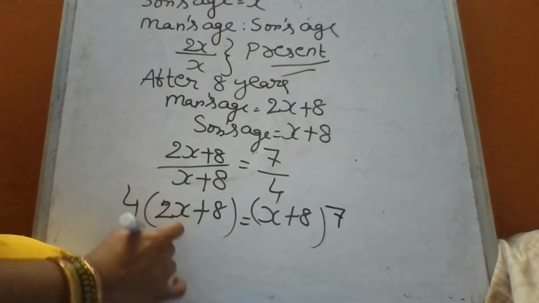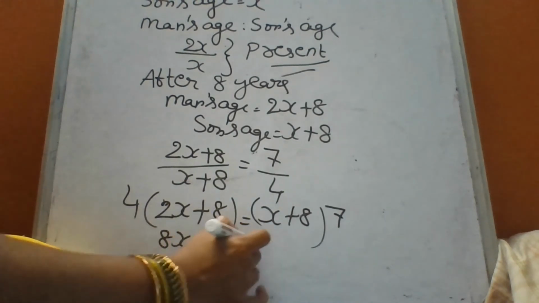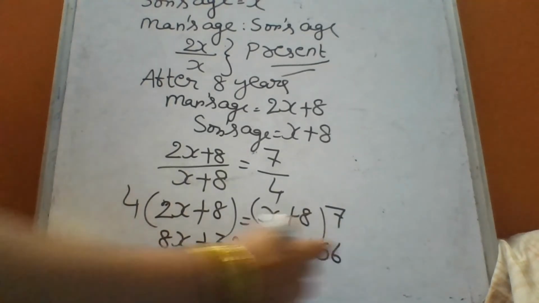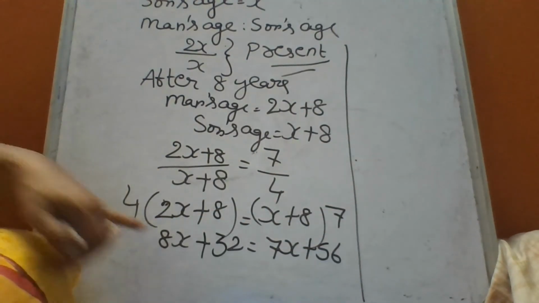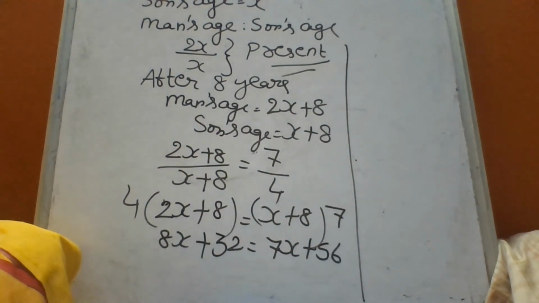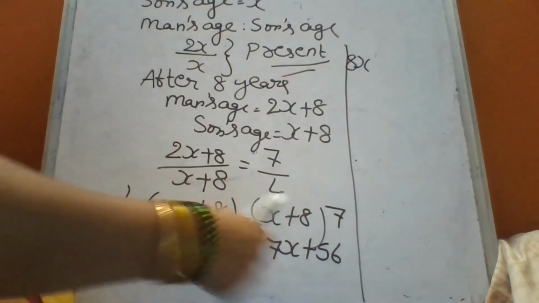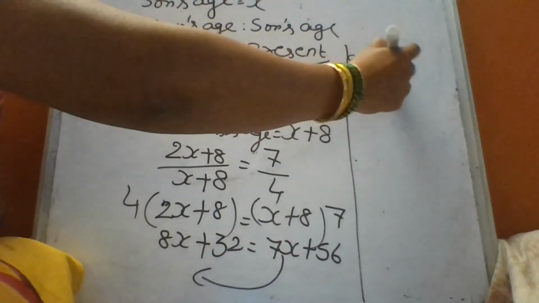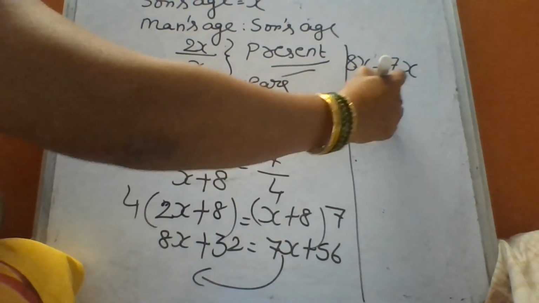So, this is 8x plus 32, this is 7x plus 56. Now bringing the like terms together, 8x, if you bring 7x to this side, becomes minus 7x, will be equal to taking 32 to the other side.